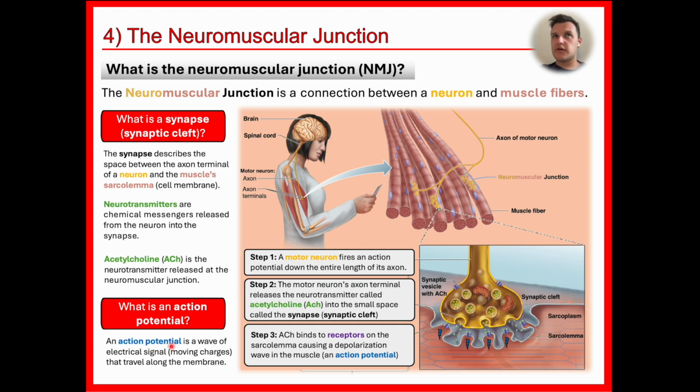Potential, maybe you've heard of the word potential difference in physics when you learned about electricity, the potential of something, right? That's the voltage of something. So it's an electrical potential energy. So an action potential is actually a wave of electrical signals.